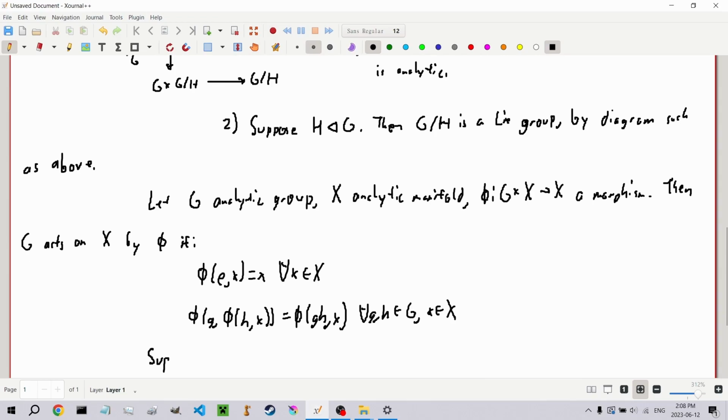Now, suppose G acts on X via phi. They use via instead of by because they're trying to be fancy or whatever. Then we will often use the notation where phi of g on x is just written as if multiplication, just like any sort of group action.